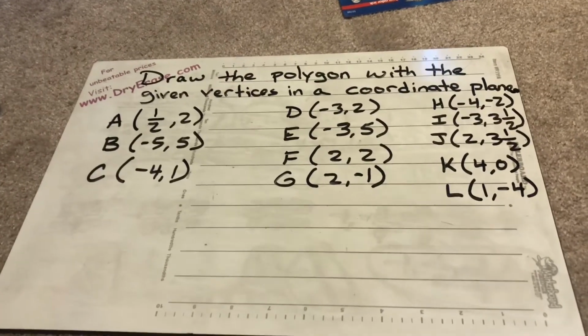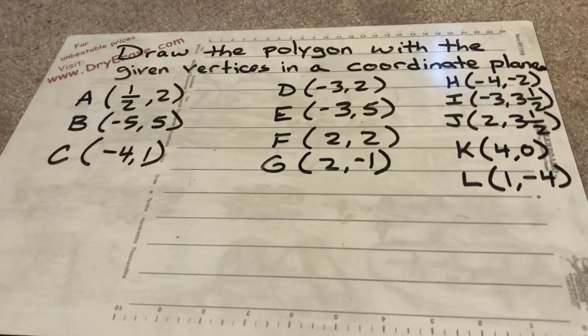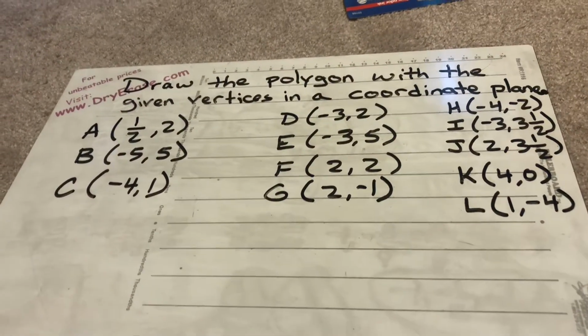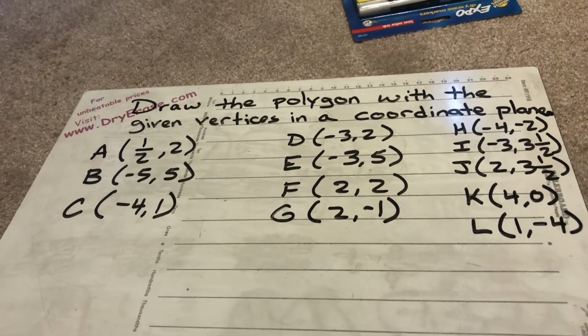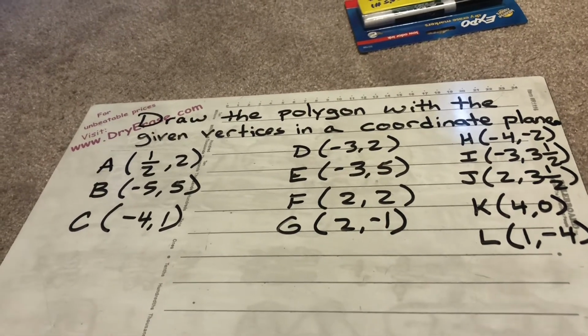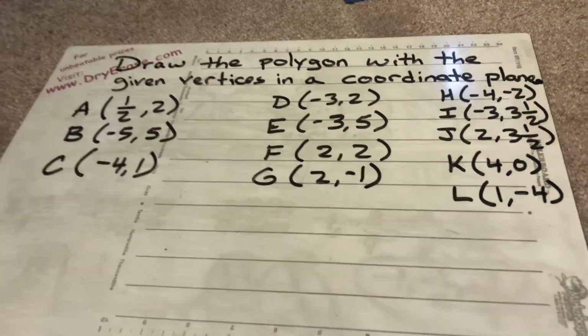All right, sixth graders. So we are continuing right along in our lesson, chapter 8. And we're going to be looking at a situation here where it says draw the polygon with the given vertices in a coordinate plane.